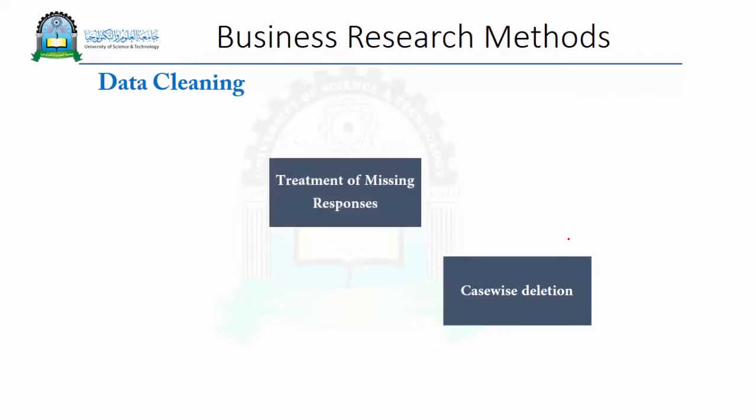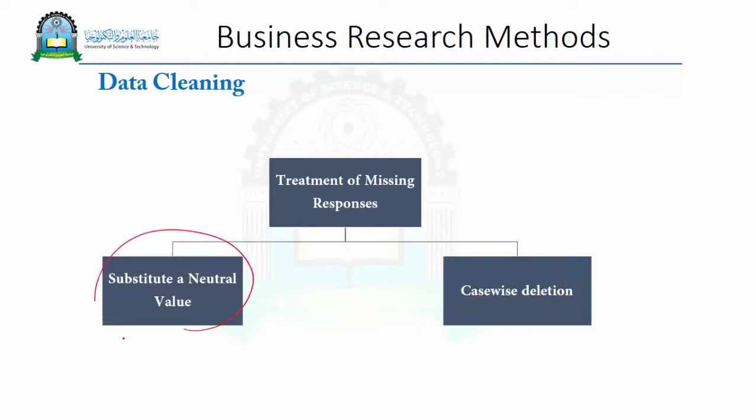Now, for data cleaning there must be some guidelines on how to treat missing responses. The first one is to substitute a neutral value, which I have just talked about. I can consider that the respondent doesn't know anything about that question, or considers himself conservative or neutral in answering it.